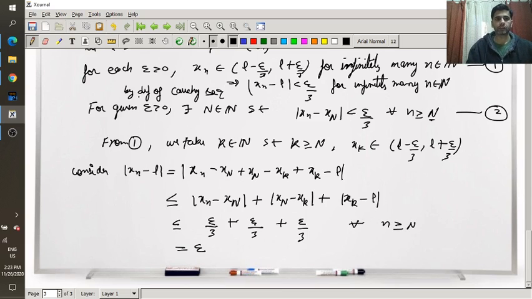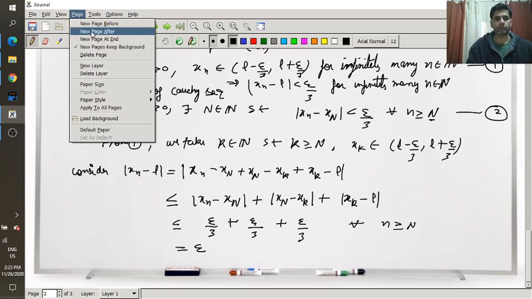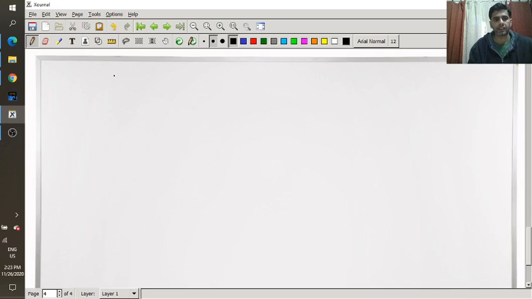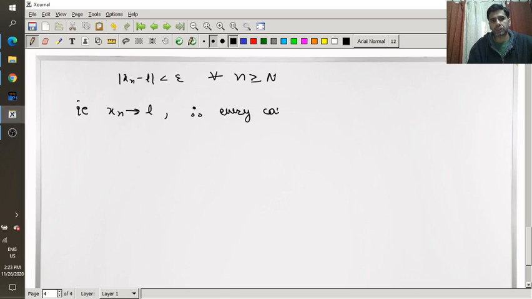So therefore, finally, what we get is |xn minus L| is less than epsilon for all n greater than or equal to N. That is, xn is converging to L. Hence, every Cauchy sequence is convergent.